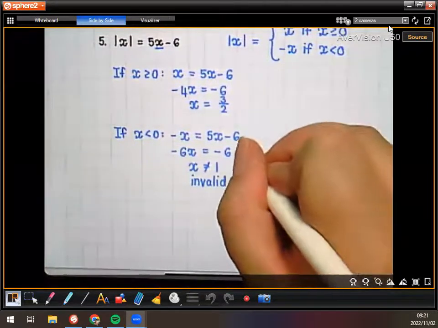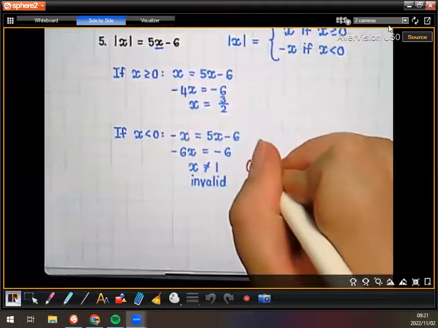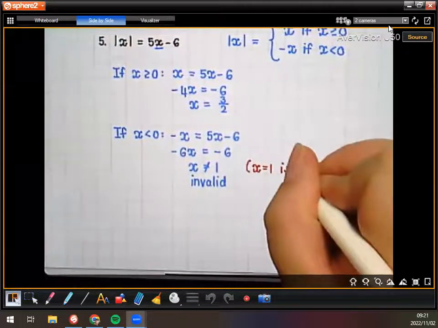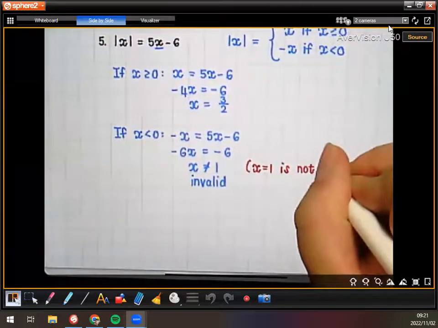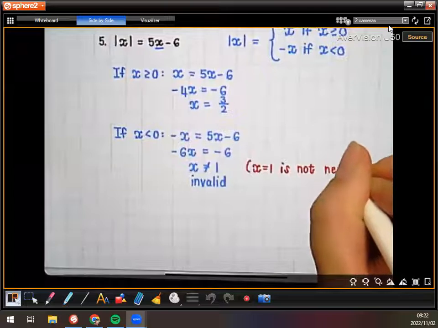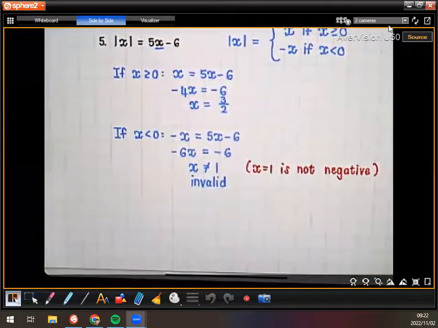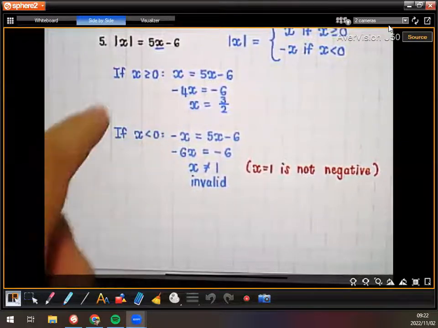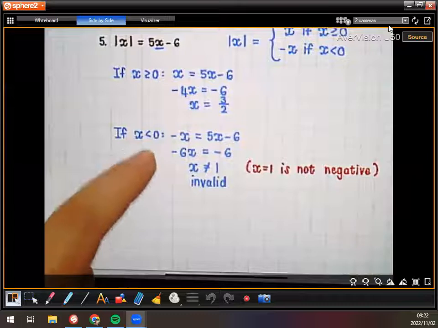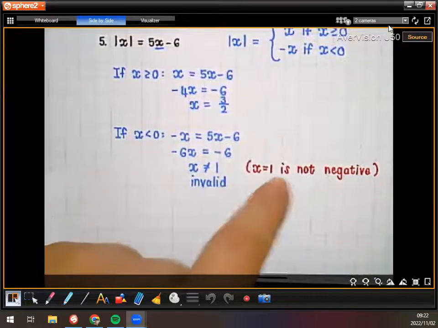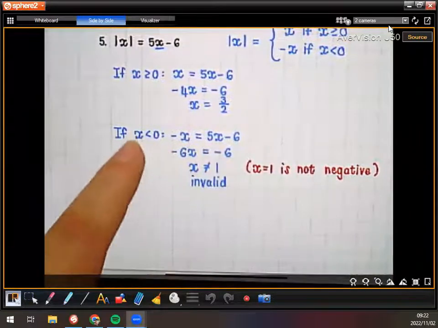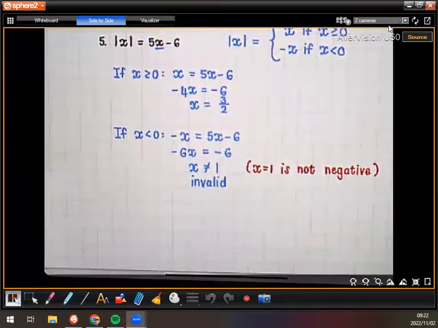I'm going to write here in brackets, x equals 1 is not negative. So you don't actually have to do a check every time. You can just see whether the answer you're getting corresponds to the condition that you stated at the beginning. Does x equal 1 correspond to x having to be a negative number?